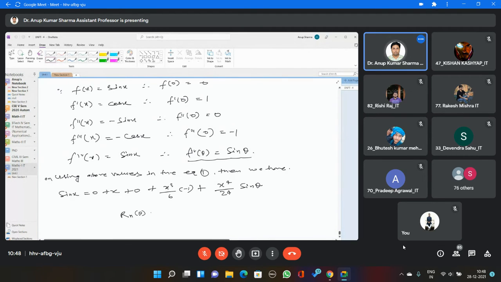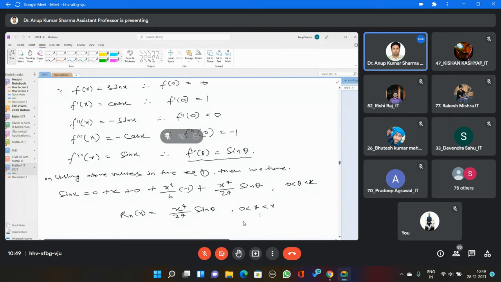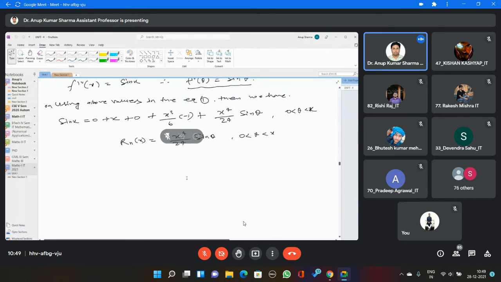No, it is wrong. This is x power 4 upon 24 sin theta, where theta is less than x and x is greater than 0. So I have this Rn function, the remainder term.